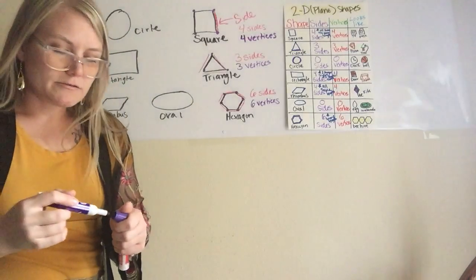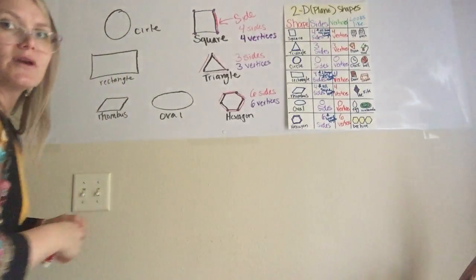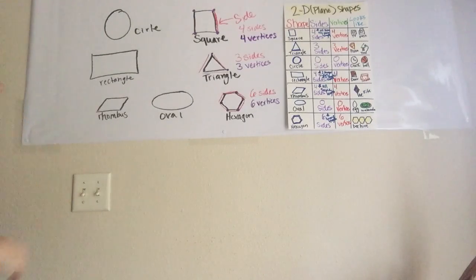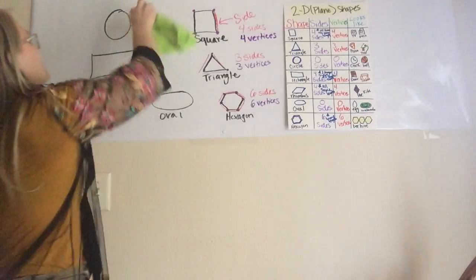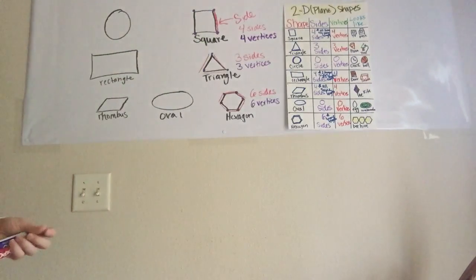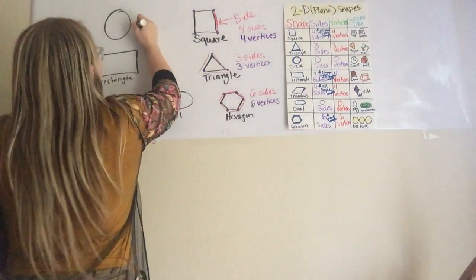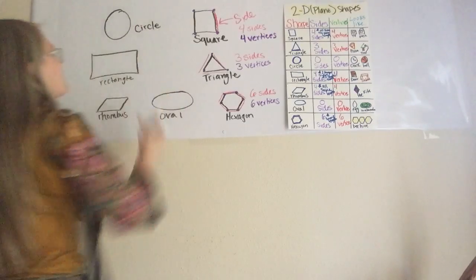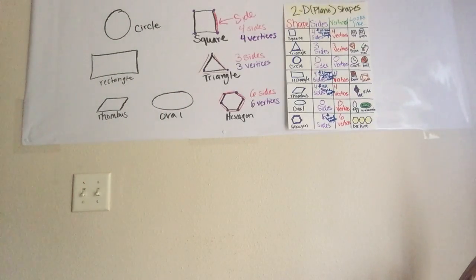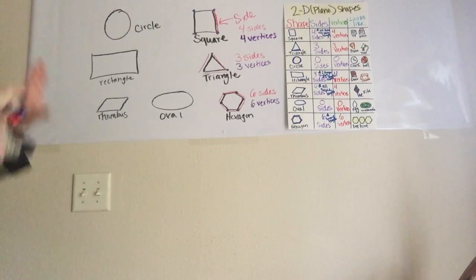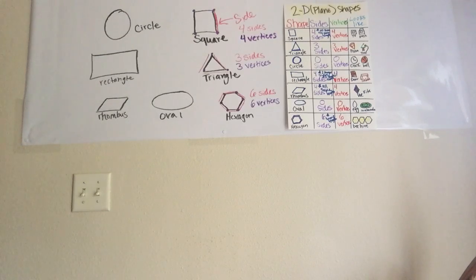Now I wonder, let's look at that circle. Does this circle have any straight lines? Oh, I didn't spell circle right. Let's try that again. Okay, sorry about that, guys. Now, does this circle have any straight lines at all? Think about it. No, it doesn't.